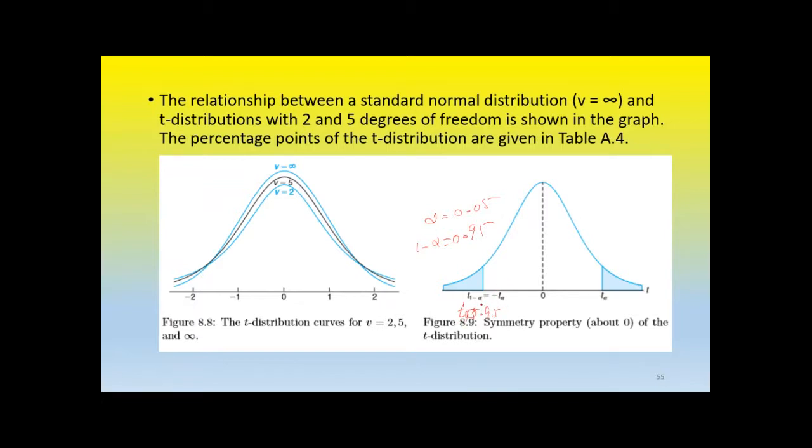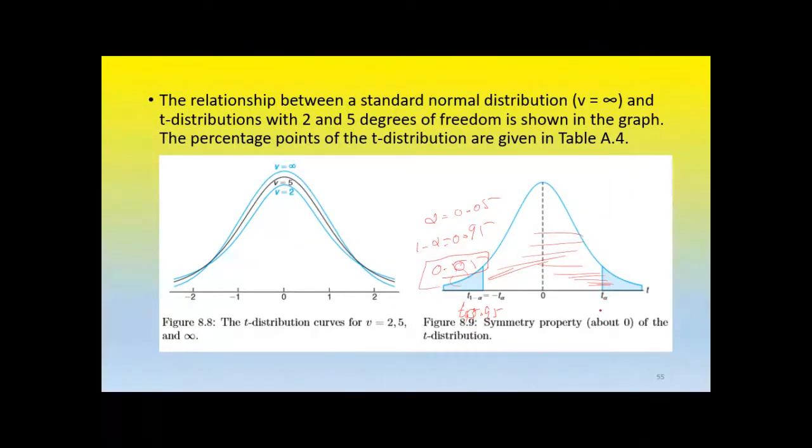What does it mean? To the right of the T value, the area is 95 percent. So on the left side there will be only 0.05 area, alpha, isn't it? Clear?